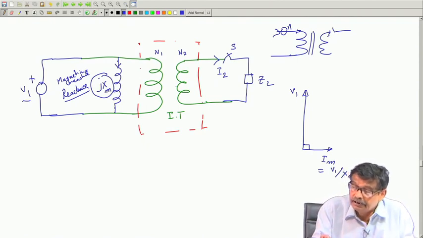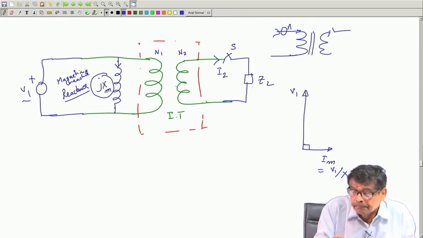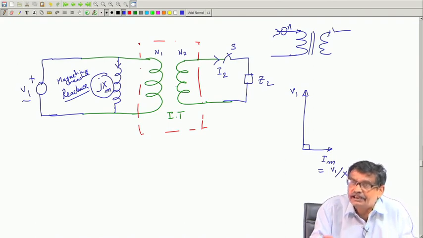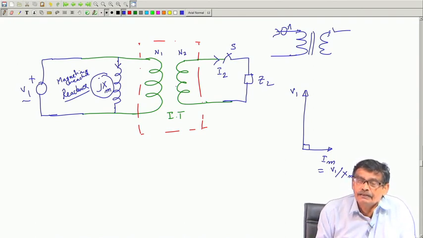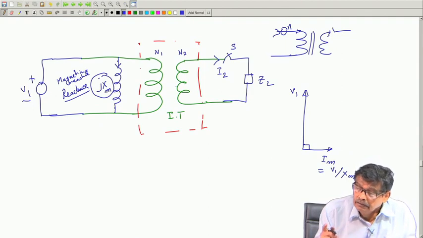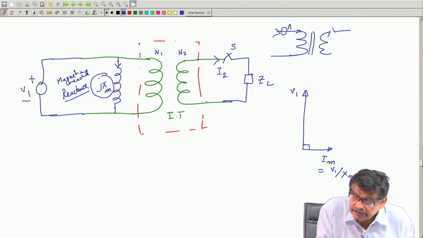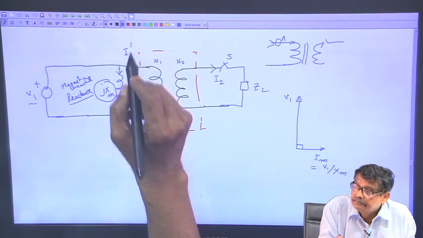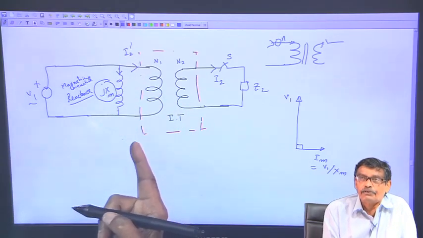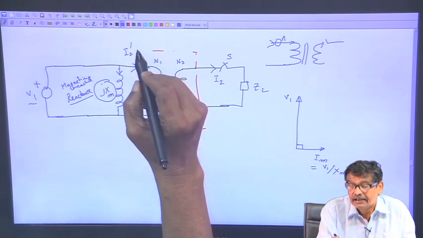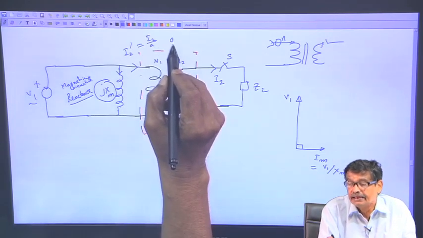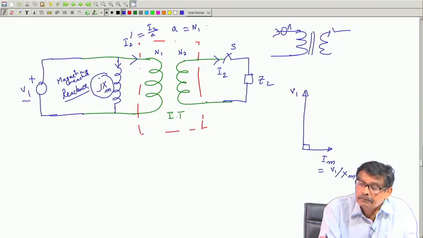And we know that even when S was opened, the current drawn from the supply was vanishingly small for this transformer, 0. But when I close it, this current has to be I2 dashed, because it is an ideal transformer. We have spent so much time on that, and this is equal to I2 by A, where A is N1 by N2.